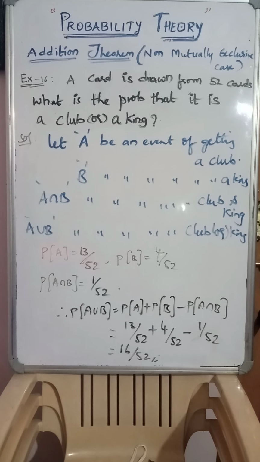That is a common element between club and king. So we need to calculate club or a king. Therefore P of A union B, because here A and B are non-mutually exclusive events, because there is a common element here. That's why non-mutually exclusive. So P of A plus P of B minus P of A intersection B. Substitute those values, so you will be getting the answer 16 by 52.